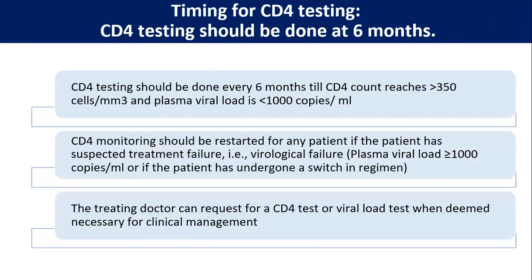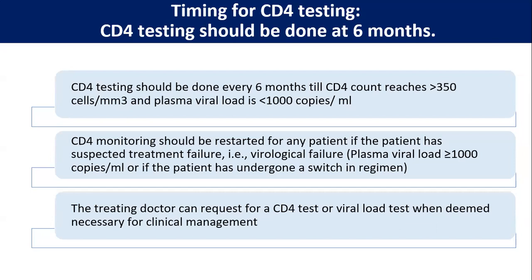And the timing for CD4 testing is every 6 months till a CD4 count is more than 350 cells per cubic millimeter. And if the plasma viral load is less than 1000 copies per ml, then we can stop CD4 monitoring.